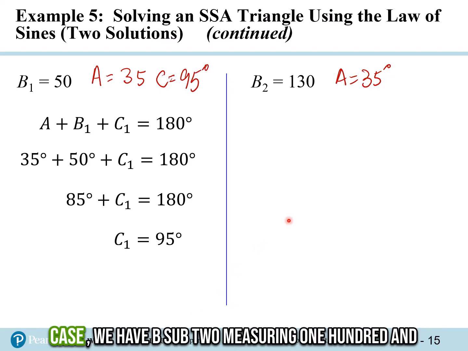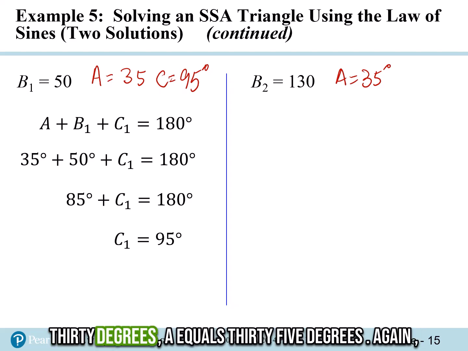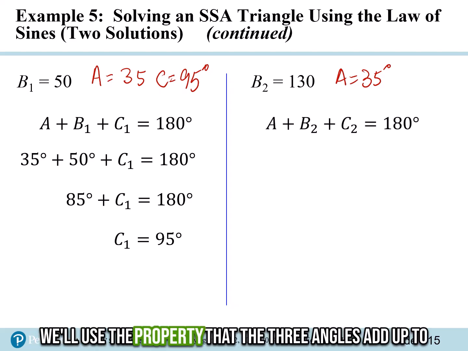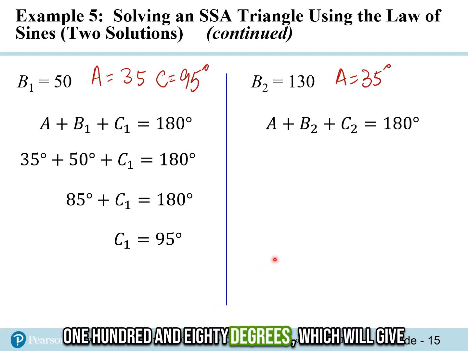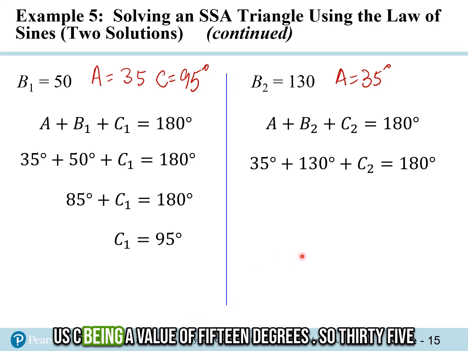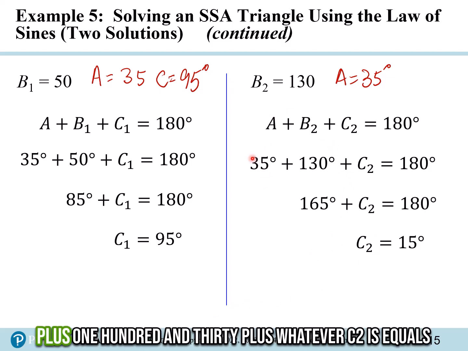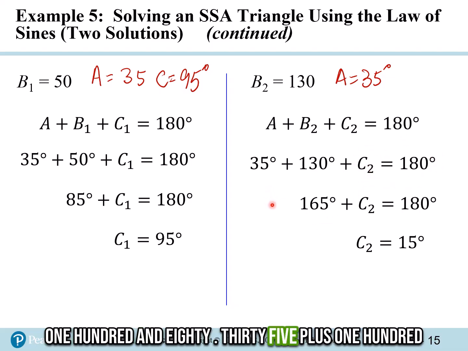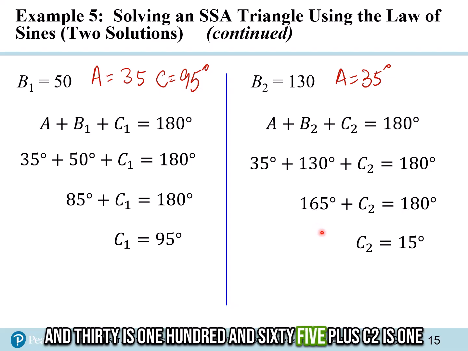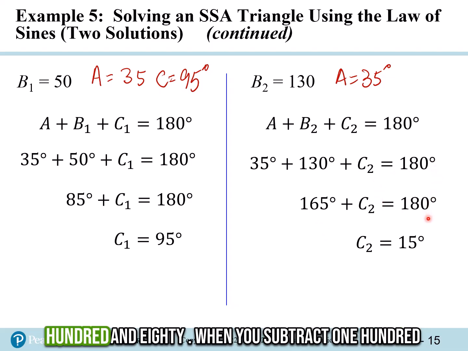For the second case, we have B sub 2 measuring 130 degrees, and A equals 35 degrees. Again, we'll use the property that the three angles add up to 180 degrees, which will give us C being a value of 15 degrees. So 35 plus 130 plus whatever C2 is equals 180. 35 plus 130 is 165, plus C2 is 180.